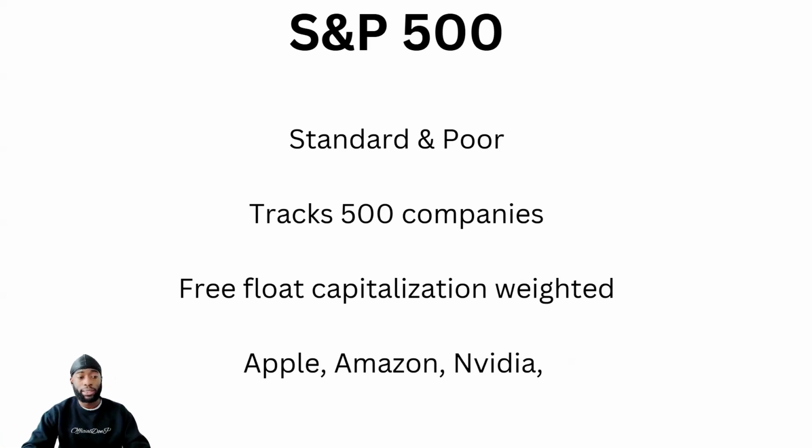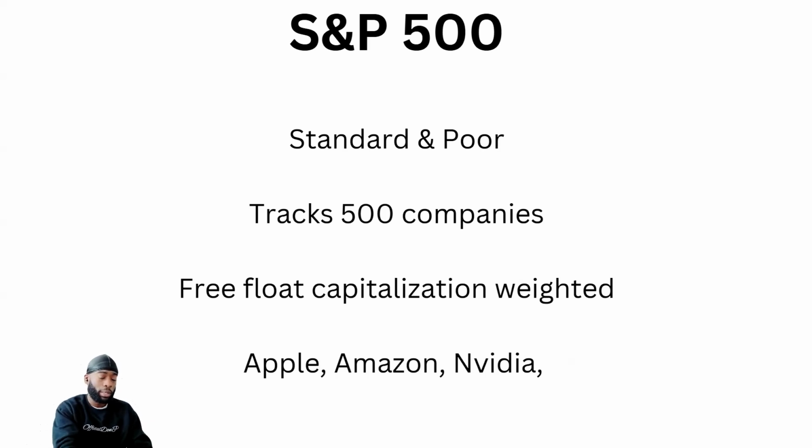Because Apple is the biggest percentage, if Apple tanks, then the S&P 500 is going to feel that. But versus those lower companies that the S&P doesn't have that much of a percent in, say a company that has like 0.1, if they tank, the S&P is not going to feel it. But those bigger companies that they have bigger investment in, the S&P is going to feel that, good or bad.